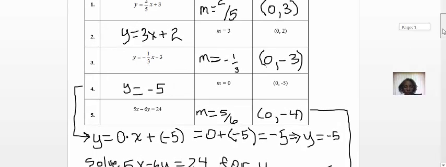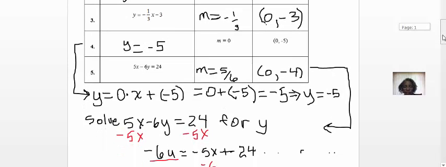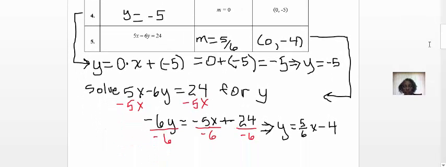And on the last two, I did have a little bit of work that I needed to do in order to actually fill in the information. And remember, number 4 was a horizontal line, and that is a line where all the y-coordinates are the same.